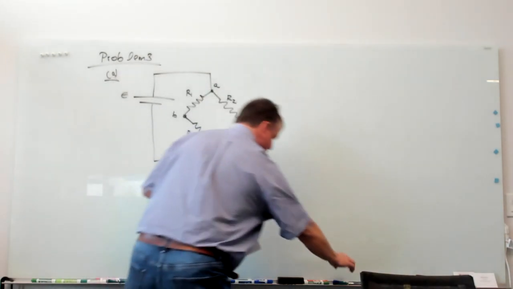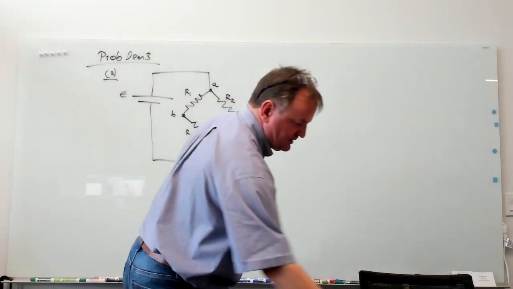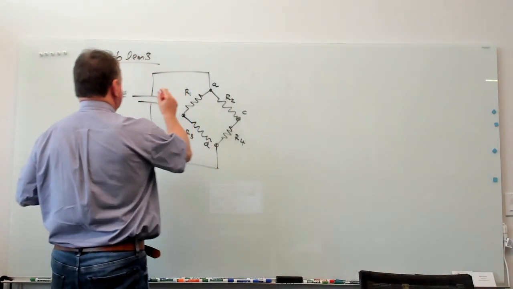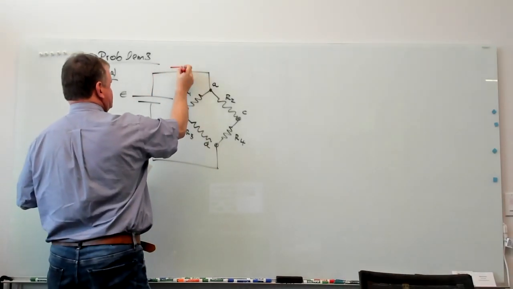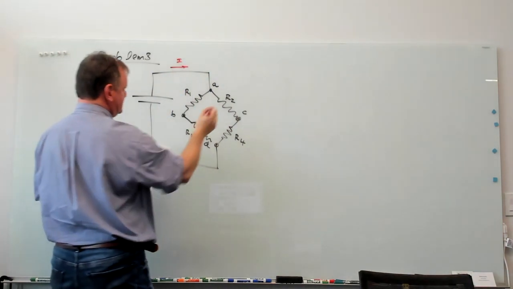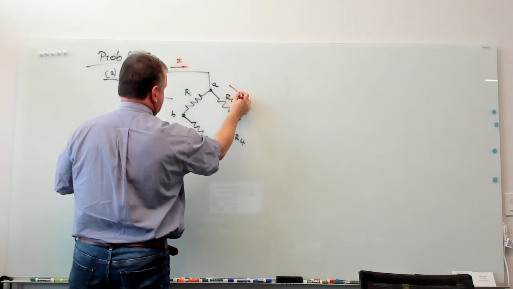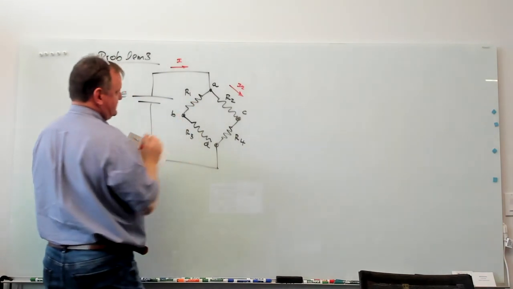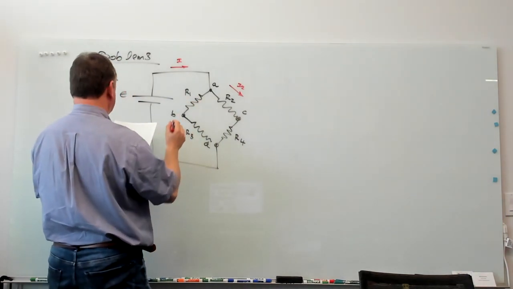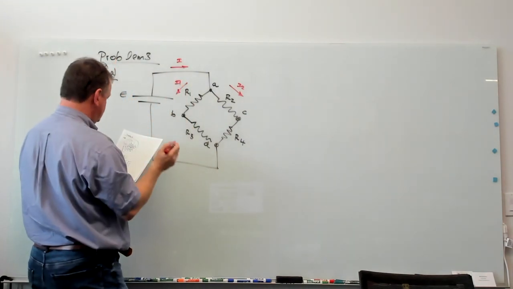Okay. Now, let me now draw in here the assumed current directions. All right. So here's your positive pole. So let's take here the current direction here from left to right here. I label this as overall current I here. I label this here current I2 relative to resistor R2, current I1 relative to resistor R1.